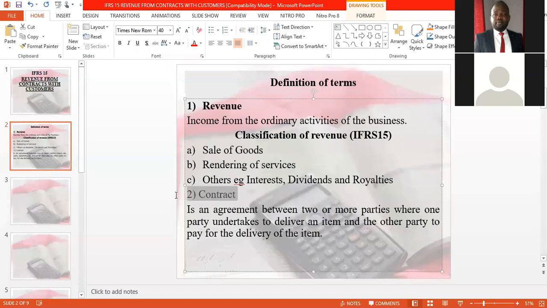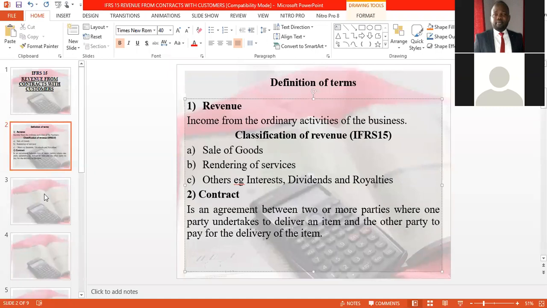So what is a contract? A contract is basically an agreement where one party delivers an item, gives an item to you, and the other party, what does the other party do? The other party pays for the delivery of the item. So let's continue. I believe everyone understands what a contract is.